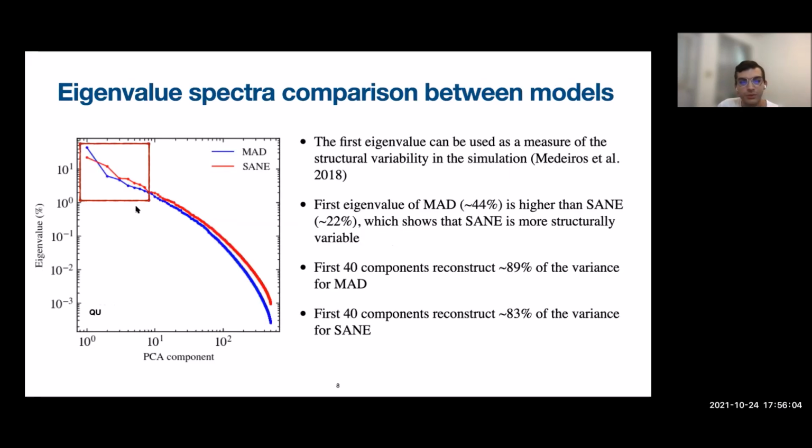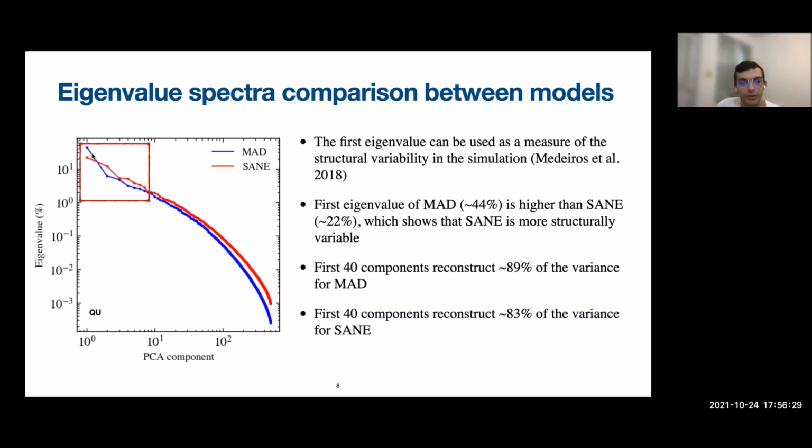So we also compared these types of curves between the two types of models that we had. I want you to focus on this very first point of each one of the curves, because it turns out that my mentor found in one of her papers that that very first eigenvalue can be used as a measure of the structural variability in the simulation, in all of these images.